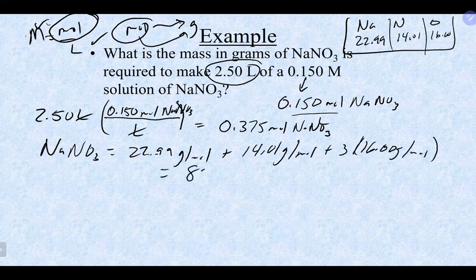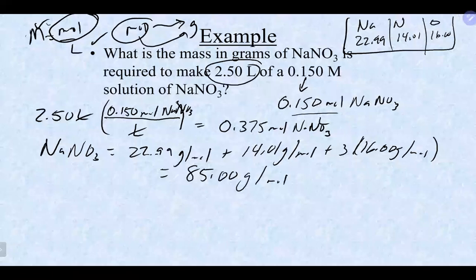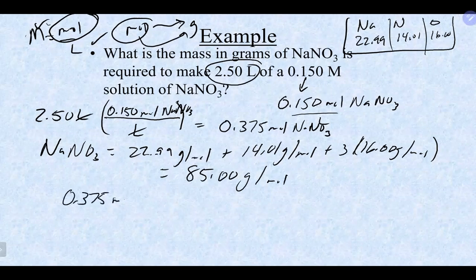Going to give us 85 grams per mole. And again, we're going to use that as a conversion factor. So we'll take our 0.375 moles of our sodium nitrate using our conversion factor here, where we will put grams up on top so that the moles cancel.